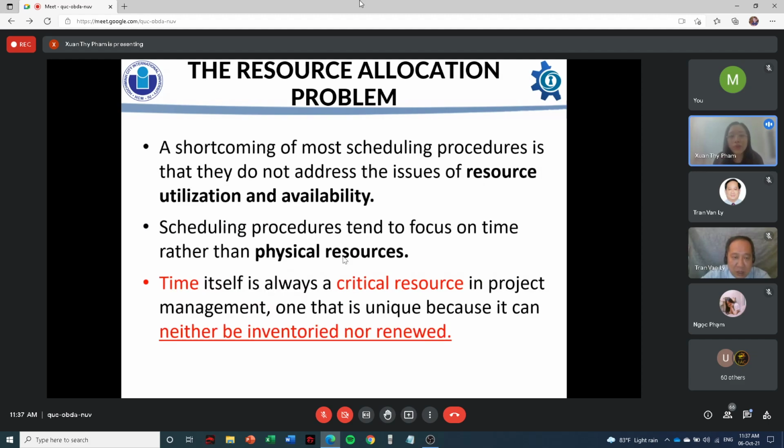Next, I will move to the resource allocation problem. We can easily realize that when talking about scheduling procedures, people hardly address resource utilization and availability, but they tend to focus more on time. We can't deny that time is a critical resource because it can neither be inventoried nor renewed.